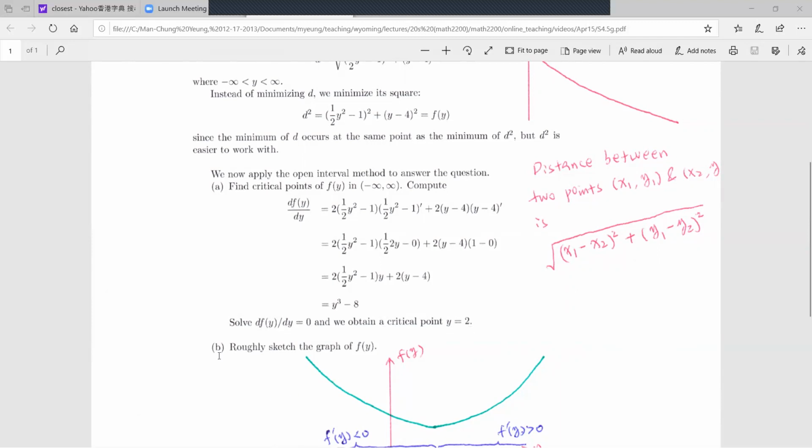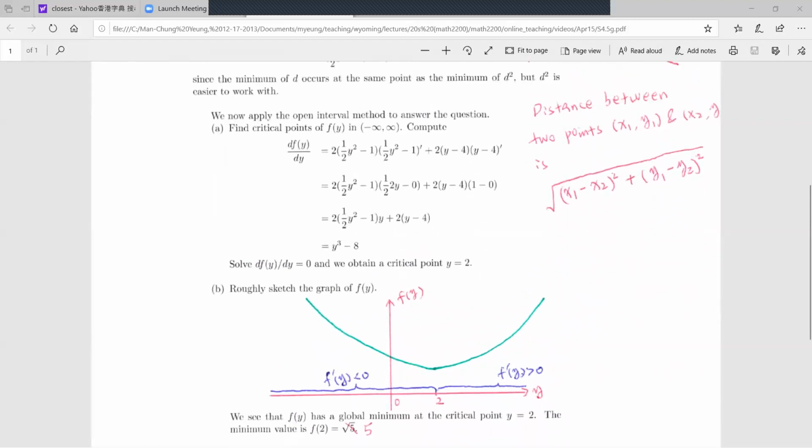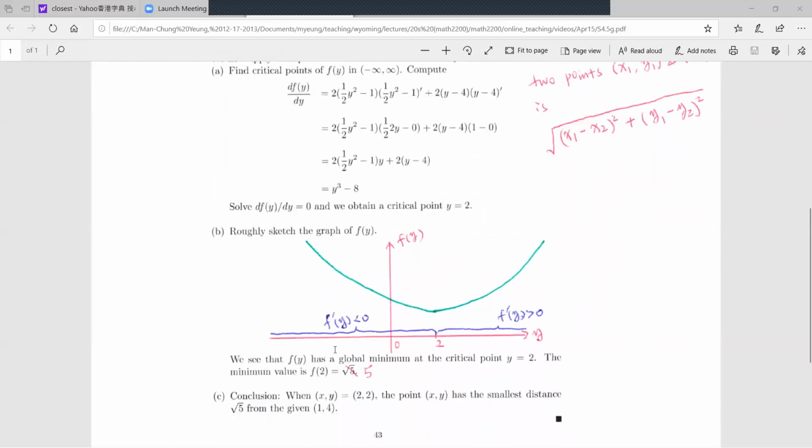Second step of the open interval method, roughly sketch the graph of the function f. Just roughly. We just need increasing and decreasing. We don't need concave up or concave down. Now draw an xy plane and put the critical point 2 here.